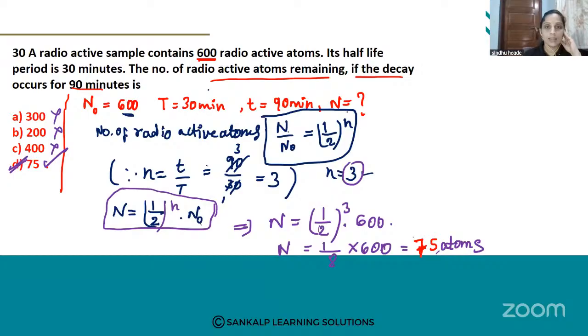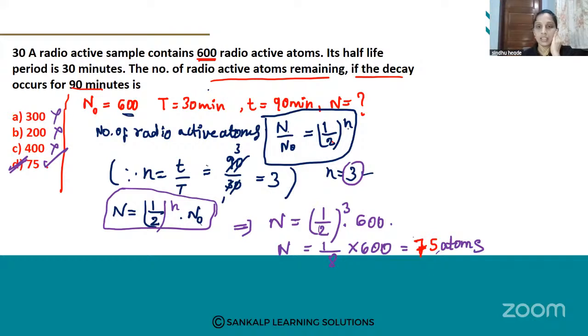Here they ask for the number of radioactive atoms remaining after the decay occurs in 90 minutes. So first write all the given things here and then substitute into the formula. The number of radioactive atoms is N by N naught is equal to 1 by 2 raised to n, that is the formula.